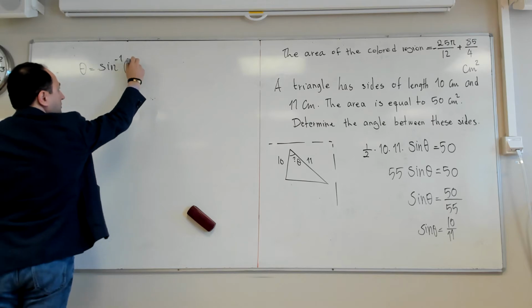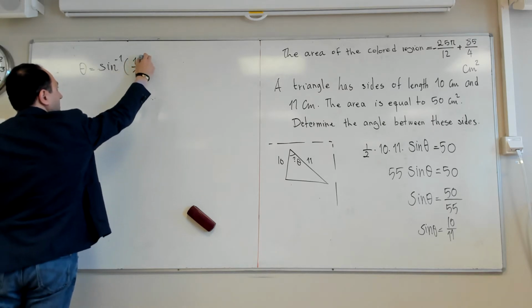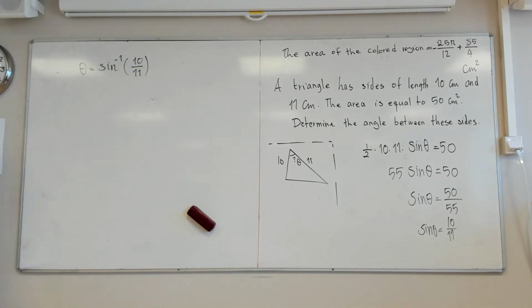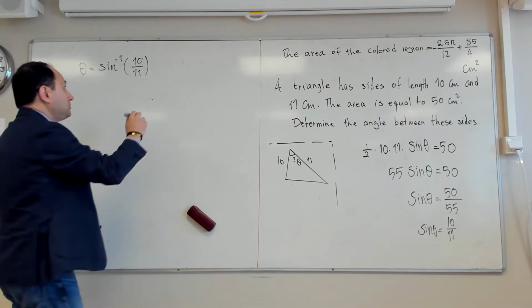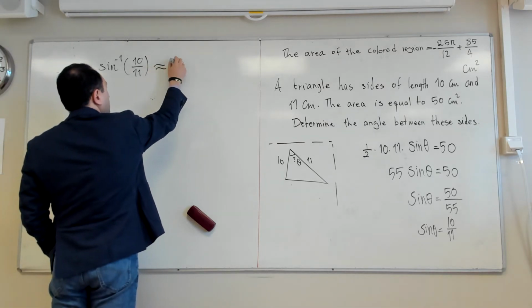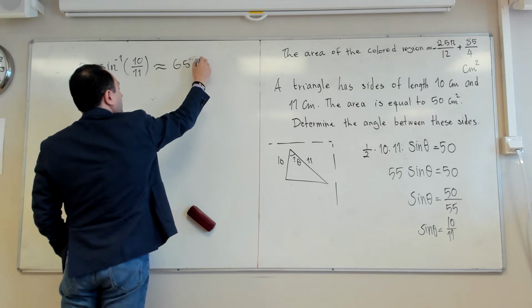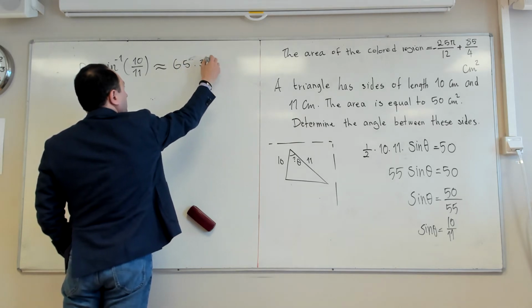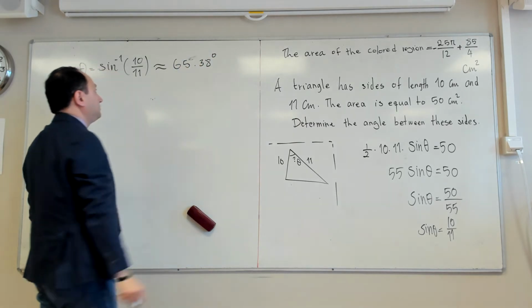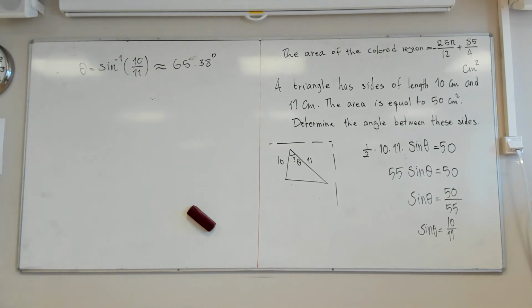Can you put this in the calculator to see? For example, let us keep 2 decimal points. So what is sine inverse? 65.38. Okay. If you want to keep 2 decimal points, it's not wrong, but it is not complete.